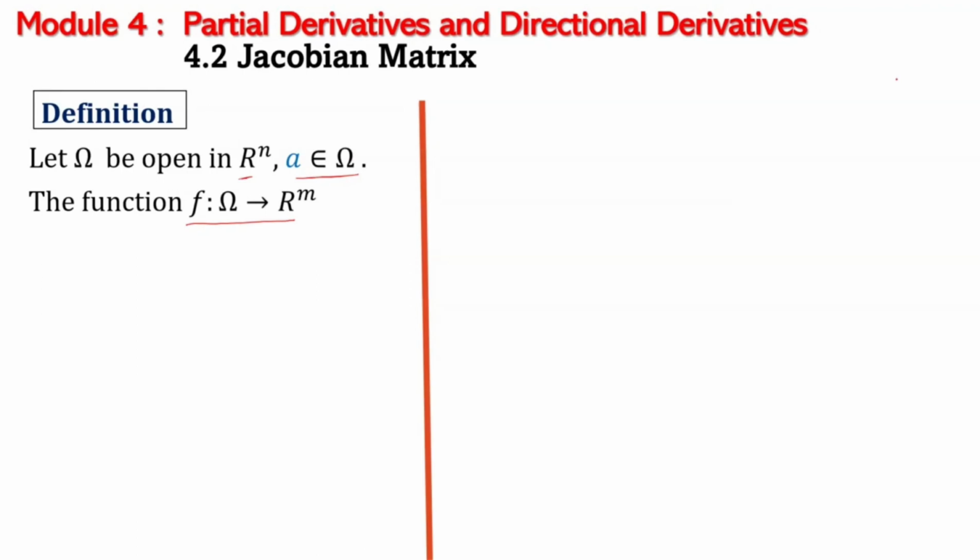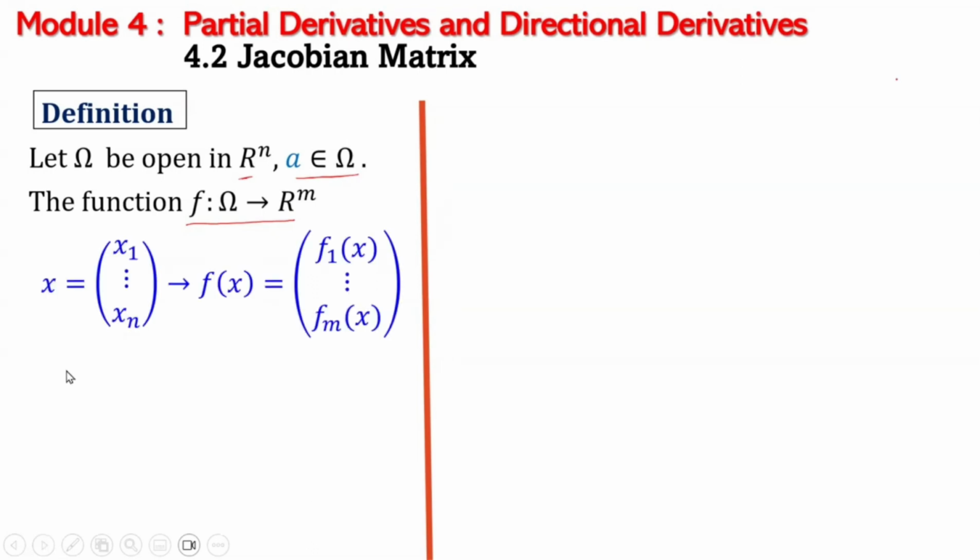So the function is basically from Rn to Rm, where x is (x1, x2, ..., xn), because we are in Rn, and f(x) has components f1 up to fm because it maps into Rm.